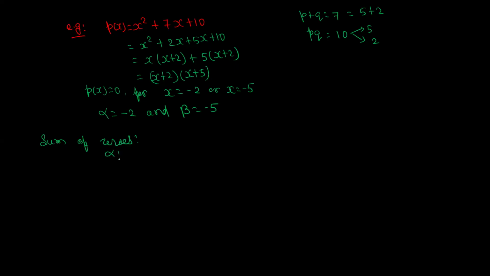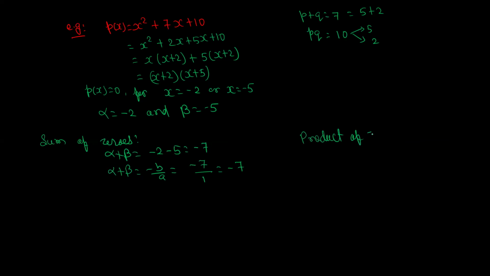That is alpha plus beta is equal to minus 2 minus 5, that is minus 7. Okay. And by the formula we have earlier, alpha plus beta equal to minus b by a, that also we can verify. What is B here? 7. So minus 7, A is what? 1. A is the coefficient of what? x square.